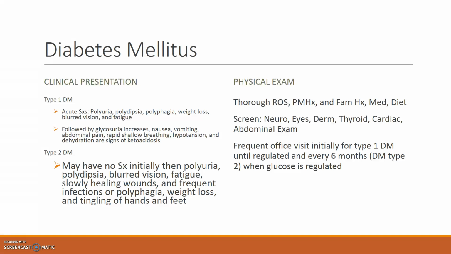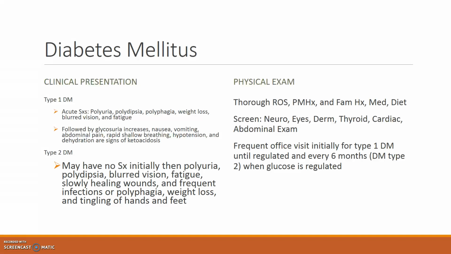A thorough history, review of symptoms, past medical history, family history, medications, diet. Really, the screening is very thorough neurologically, eyes, derm, thyroid, cardiac, and abdominal exam. And we do individualize those physical exams and bringing them into the clinic.